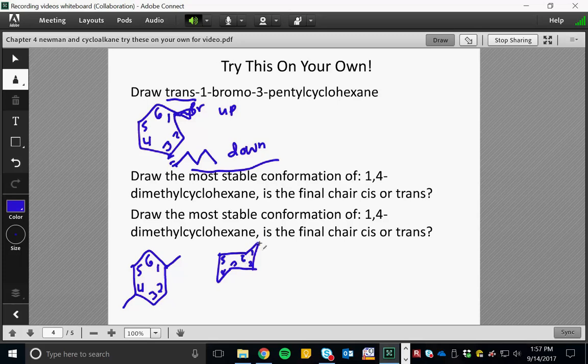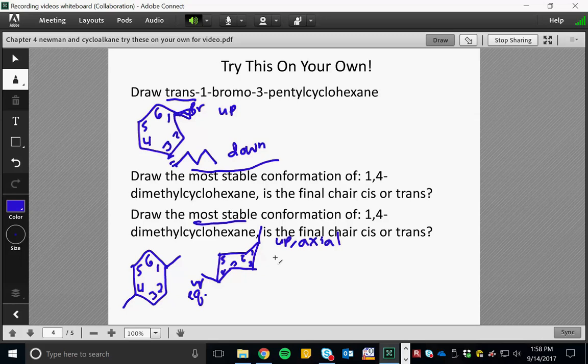So let's start with carbon number 1 in the up position, and that puts it in the axial position. Again, ups and downs alternate as you go through. So on carbon number 4, let's also put that in the up position. But if I put it in the up position now, that's going to put it in the equatorial. Ideally, if we're trying to make the most stable conformation, we want both of these to be in the axial position.